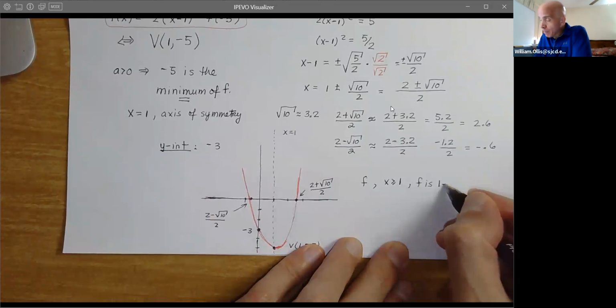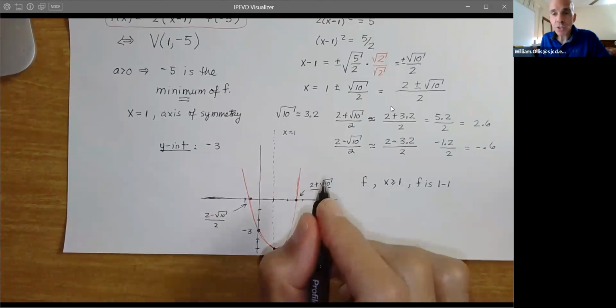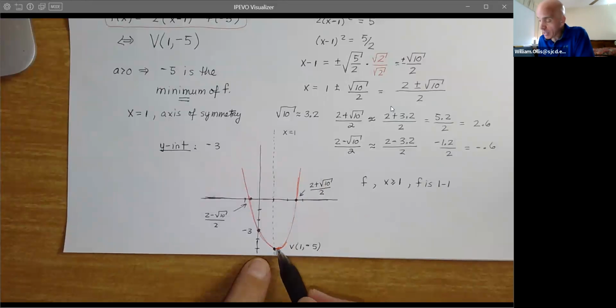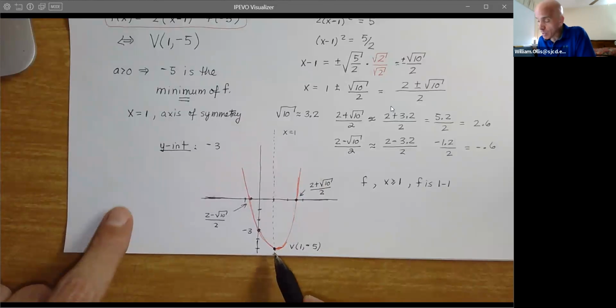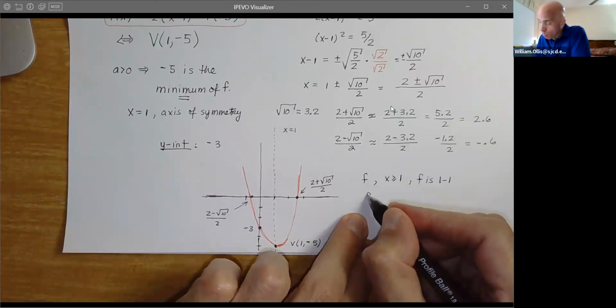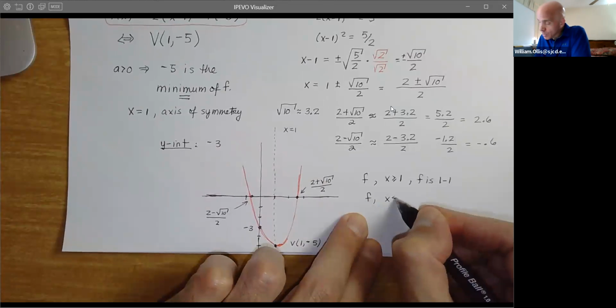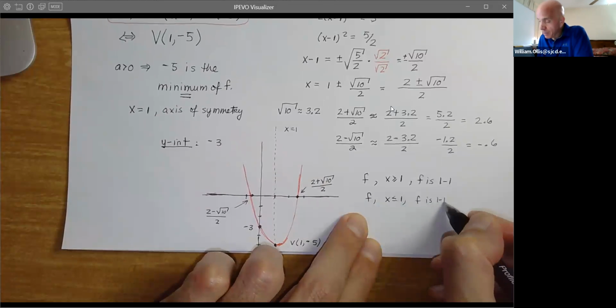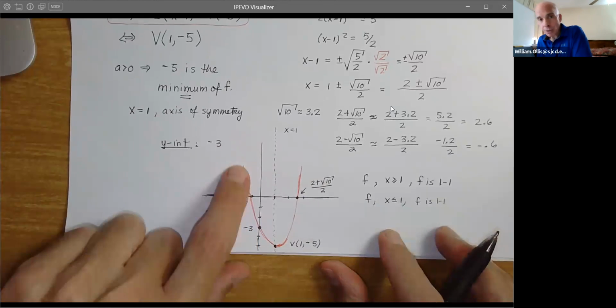So WebAssign might say, well, which restriction makes the function 1-to-1? Your choice. Now, of course, we could say if x is less than or equal to 1, or negative infinity to 1, that's also 1-to-1. So that would just be this branch here.